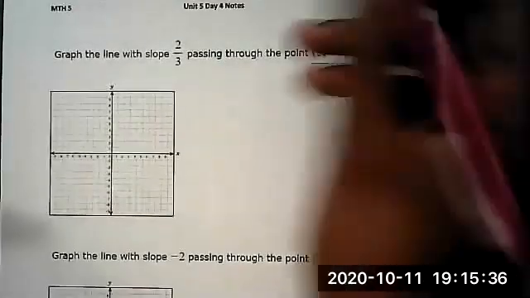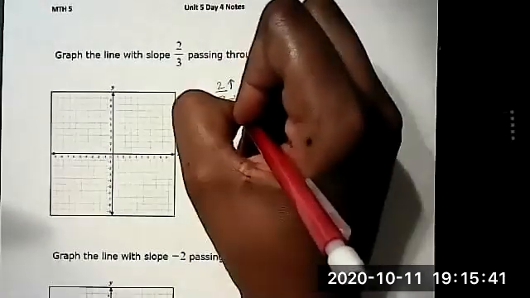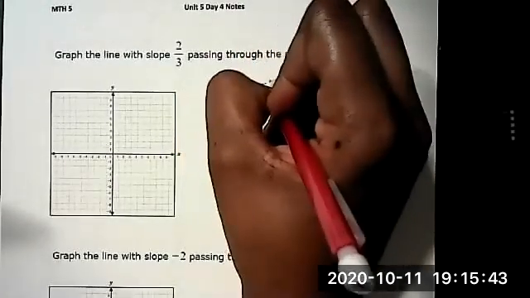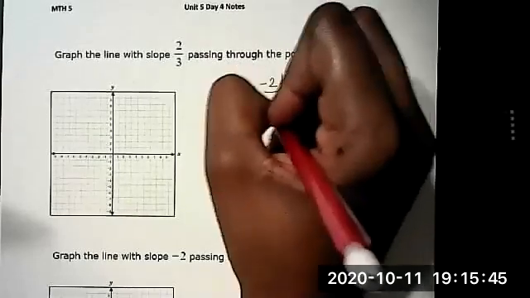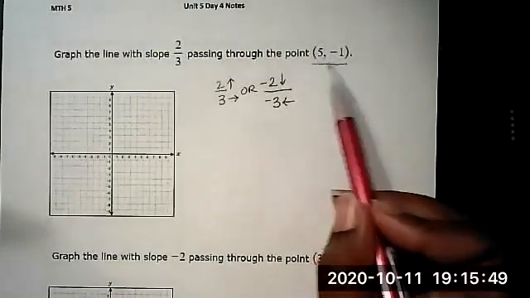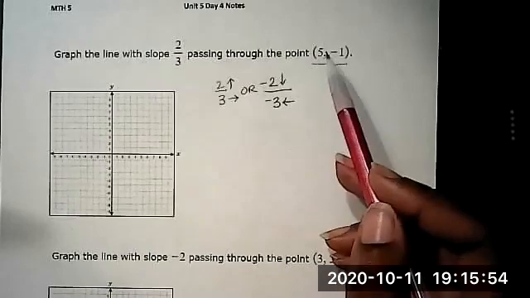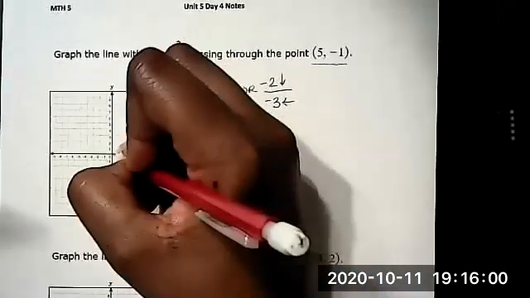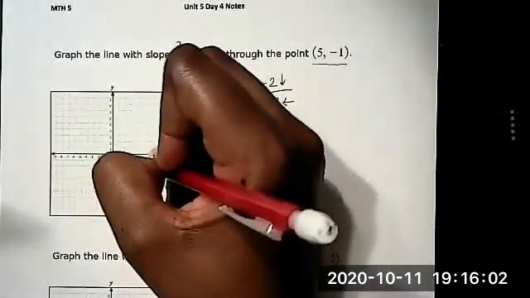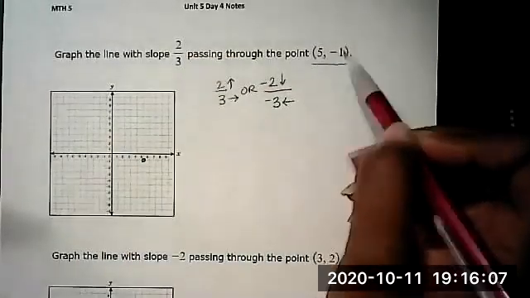And once we have the point, we can use our slope, 2 over 3, which is up 2, right 3, or we know it's also -2, down 2, left 3 is also true. Okay, but we have to start here because we don't have a y-intercept to start with. We're going to start at this point. So at 5, -1, we're going to go right 5, down 1. That is our starting point, 5, -1.